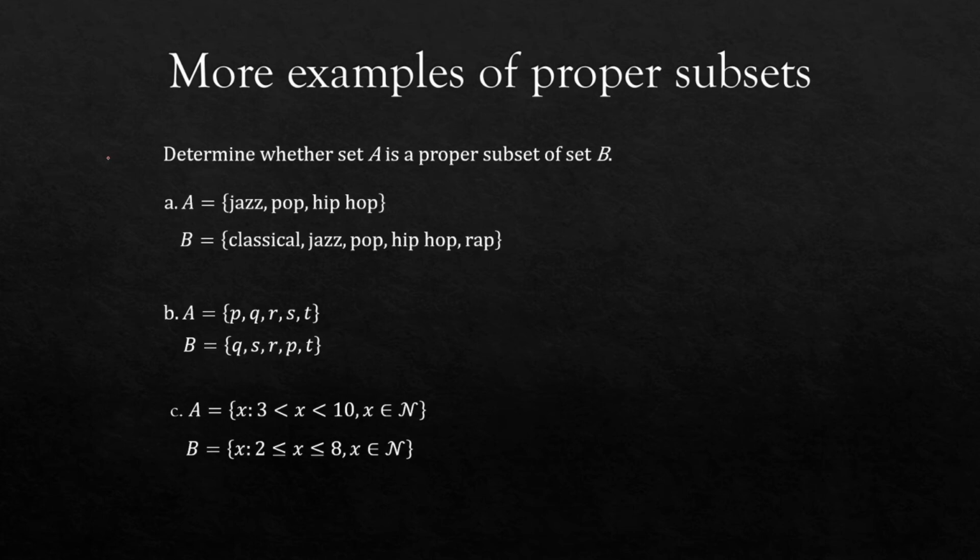We will determine whether set A is a proper subset of set B. In question A, we have jazz, which is in both sets, pop in both sets, hip hop in both sets. So if we made a Venn diagram of this, we'd have jazz, pop, hip hop.